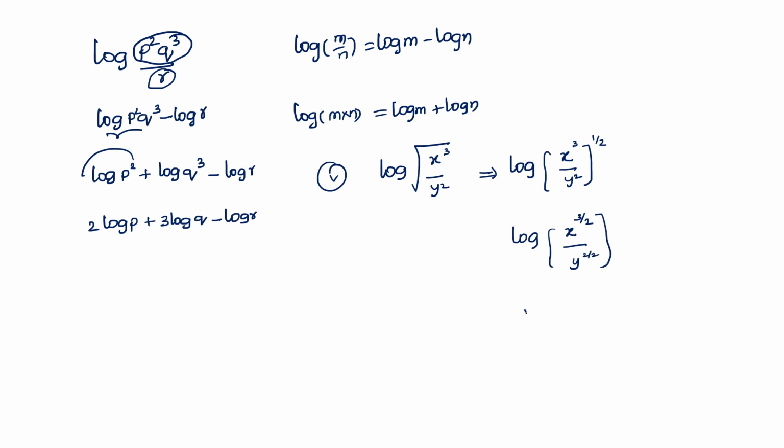So nothing but log x power 3 by 2 by y. Now it is in the form of log m by n. That means log m minus log n. So it will become 3 by 2 log x minus log y.